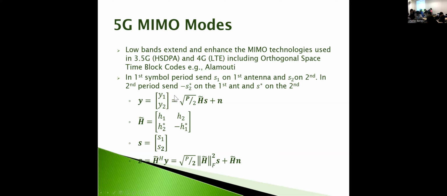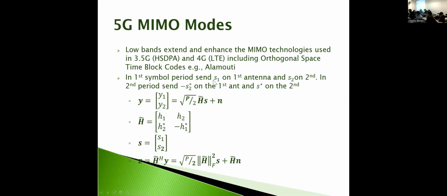The idea here is pretty cool, and we're going to send out symbols over 2 periods. If we're sending something over a single period, we're going to take that and replicate it over 2 periods. In the first symbol period, we're going to send this S1, whatever that is.